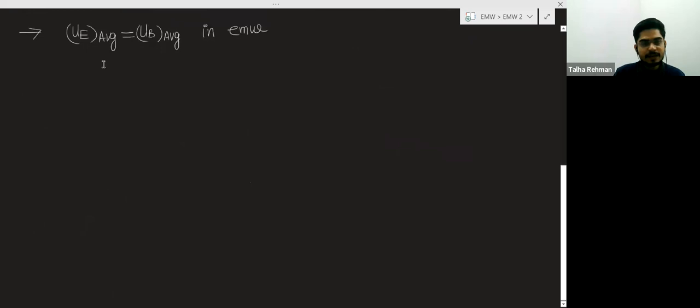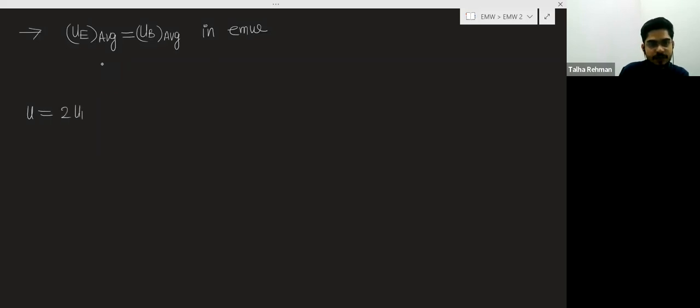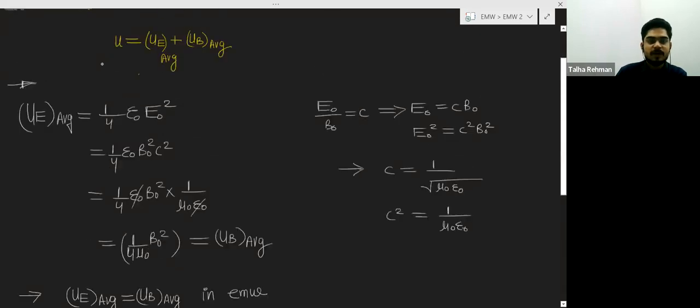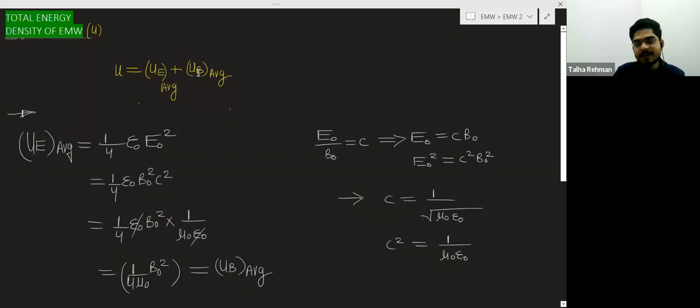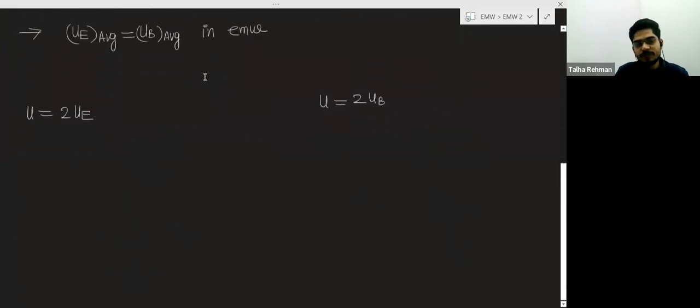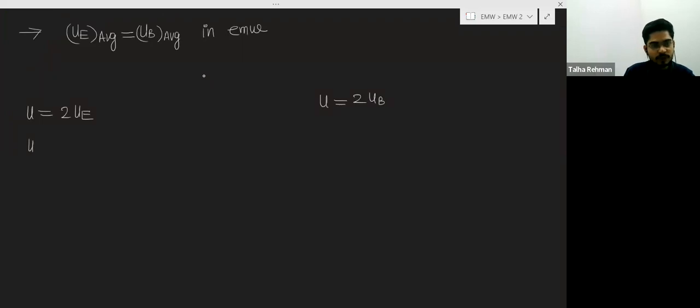So now we can calculate the total energy density. I can write total energy density as 2 times the energy density of electric field, or I can write 2 times the energy density of magnetic field, because for the total you will do the average of electric plus magnetic, and you can write either this equal to this or this equal to this, so you will get 2 times UE or you will get 2 times UB. So for the total energy you can write 2 times UE average.